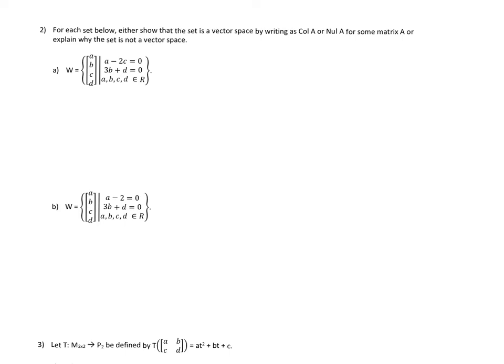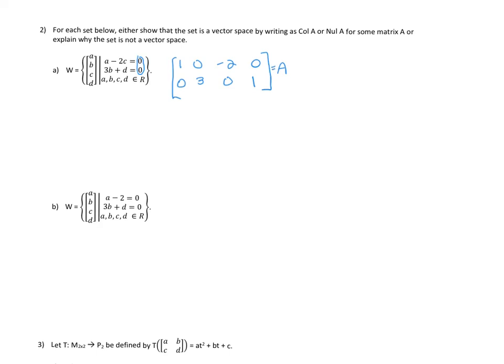So I'm going to translate that system of equations to an augmented matrix. I have 1, no B's, negative 2 C's, no D's. And then 0 A's, 3 B's, 0 C's, and 1 D. So that's going to be my matrix A. Because the system is equal to the 0 vector, solving it gives you the null space of A, right?